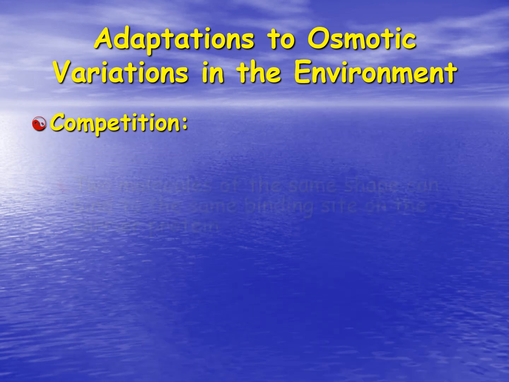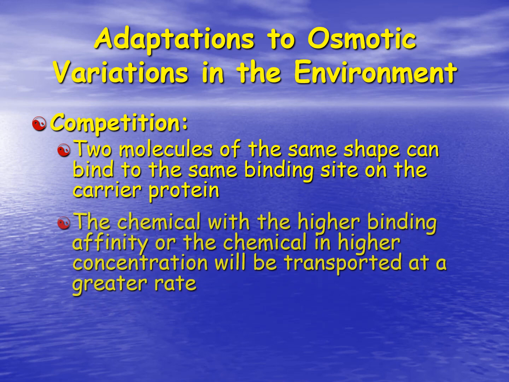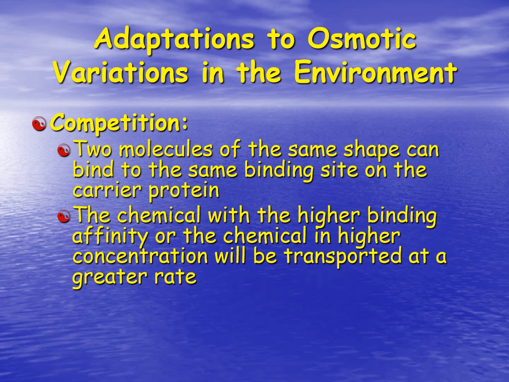Now, we can also see competition, and this is when two molecules of the same shape bind to the same binding site on a carrier protein. The chemical with the higher binding affinity, or the chemical in higher concentration, will be transported at a greater rate.